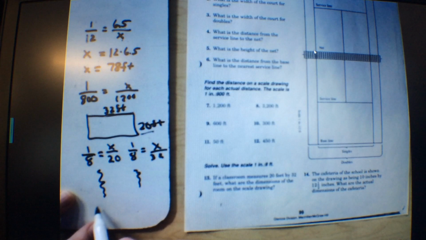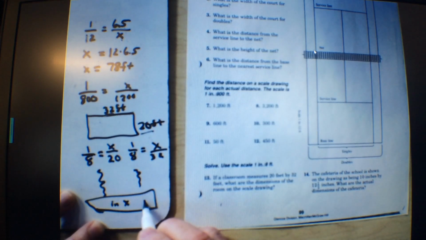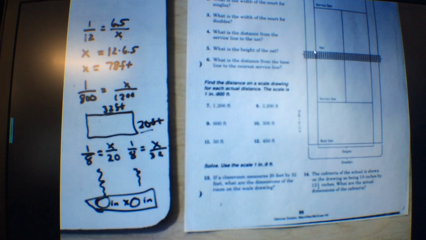So I would have 2 answers down here, right? And they're going to be labeled in inches, right? How many inches by how many inches. So I'm gonna have an answer here and an answer here. You got it? Okay, you do the same thing on 14. It also has 2 answers, all right?